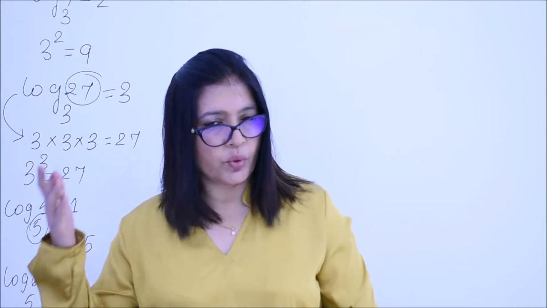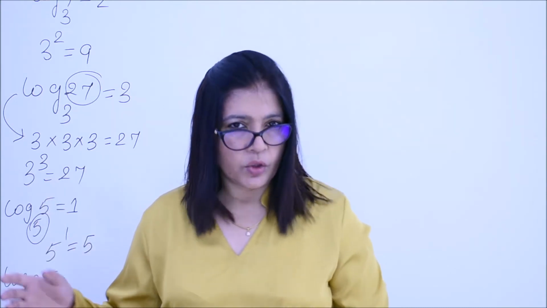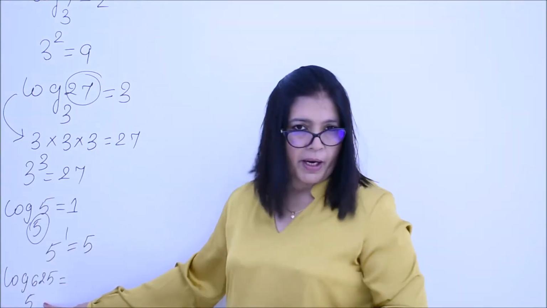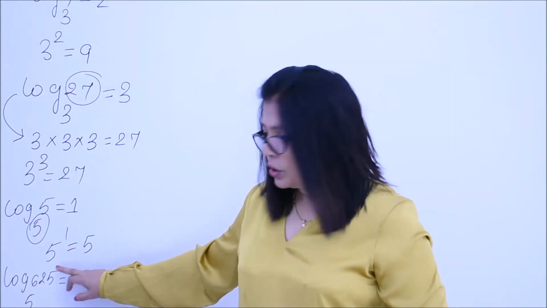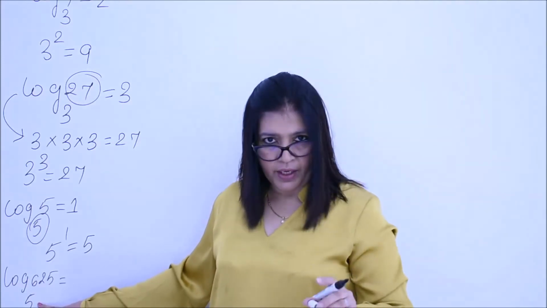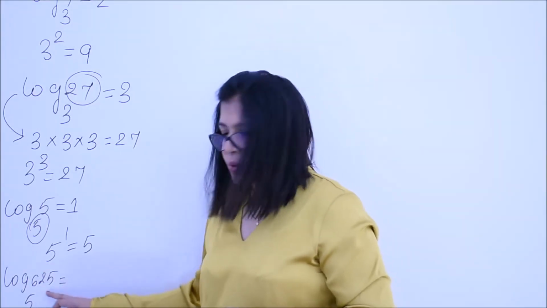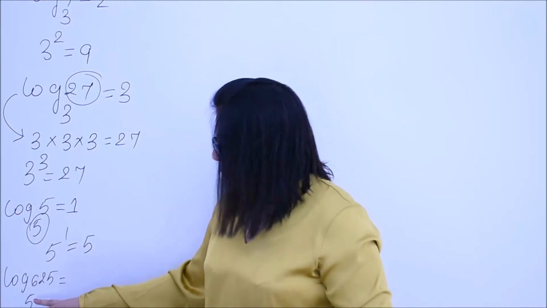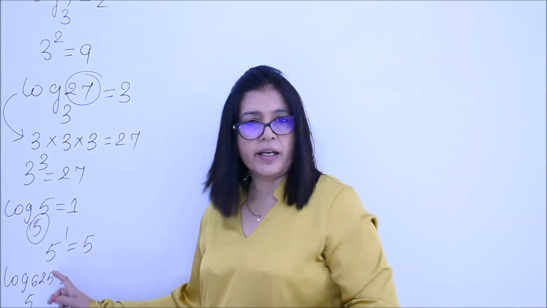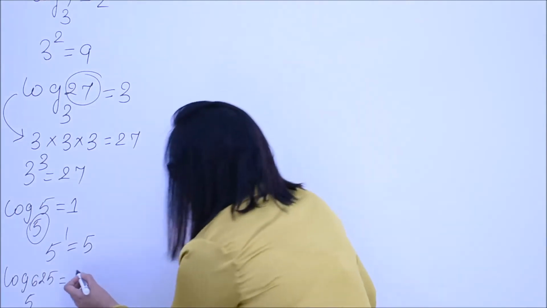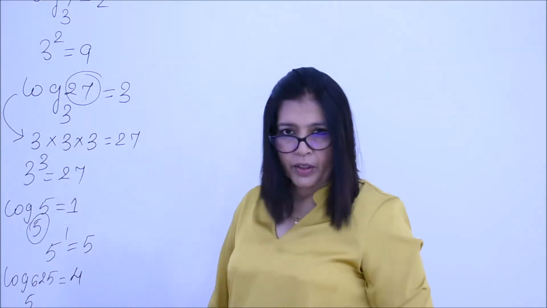That is 25 into 25, we get 625. So 5 should be raised to the power 4 in order to get my final result 625. So the growth rate is 5, the final result is 625 and the growth is happening 4 times so that we get the final result as 625. Hence our answer is 4.